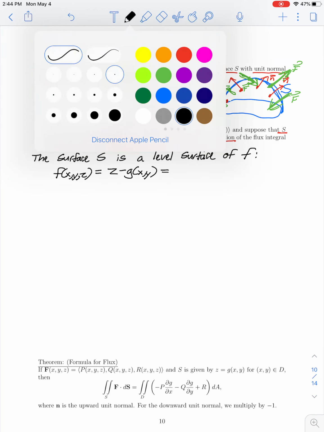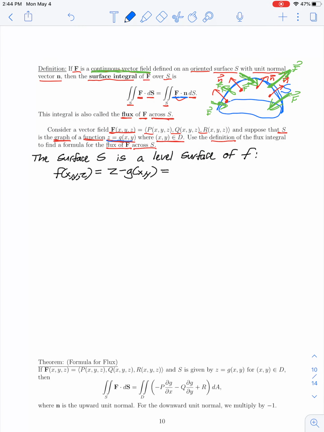So if our surface is being described by the equation z is equal to g of x and y, then this difference, z minus g of x, y, would have to be 0. So we can think about defining this surface alternatively as the level surface of some function f, where f is the function defined as z minus g of x and y, which is then equal to a constant 0.